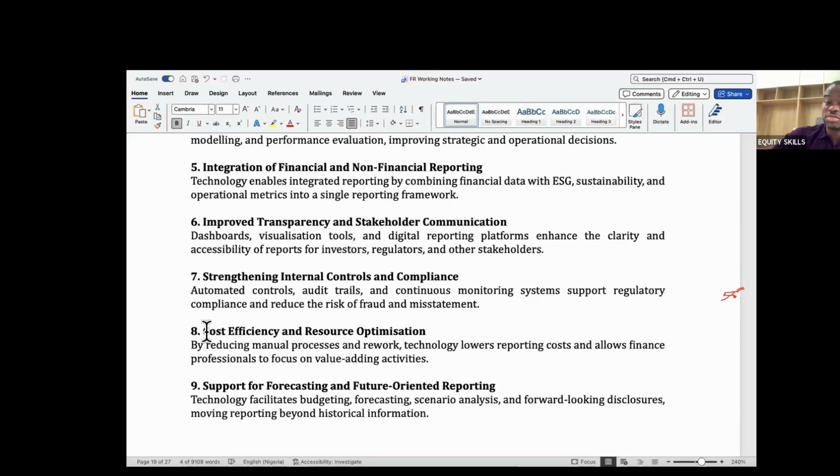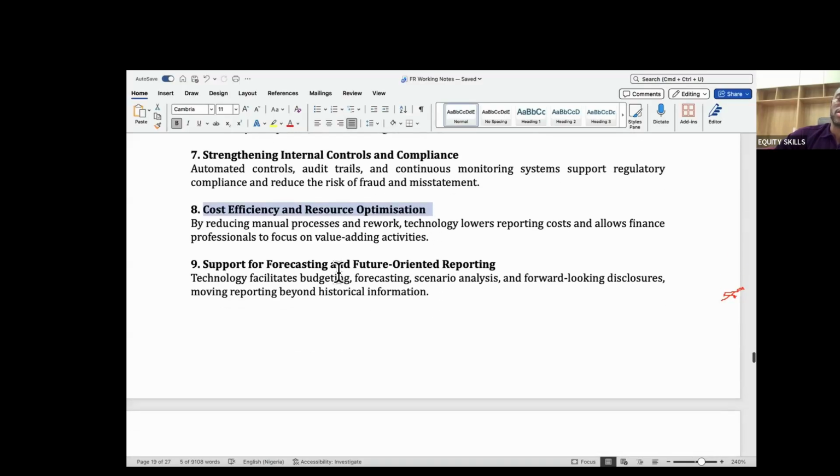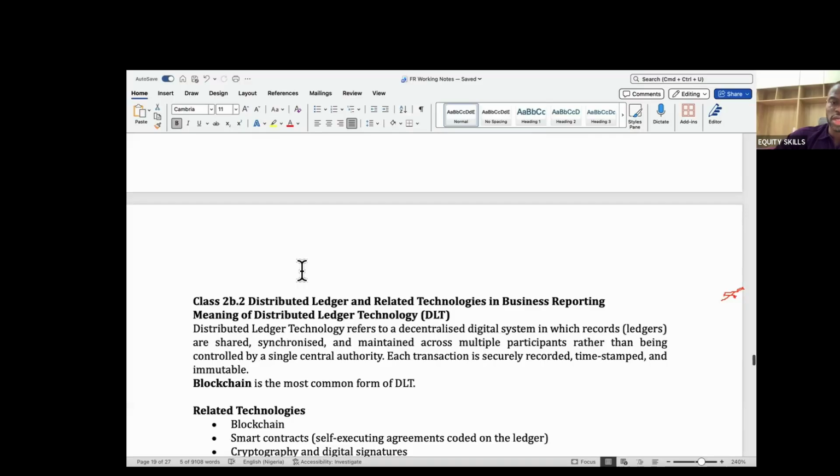And it can be cheap because manual processes, rework has been eliminated. It's cheap to incorporate these accounting softwares and this other technology, and it supports forecasting and future-oriented reporting like that.